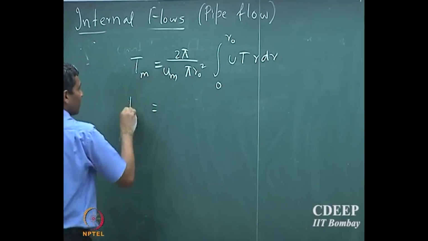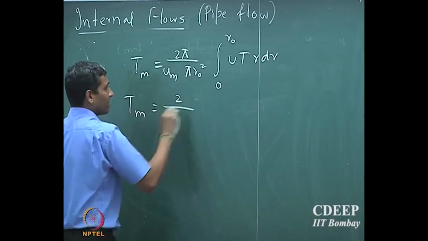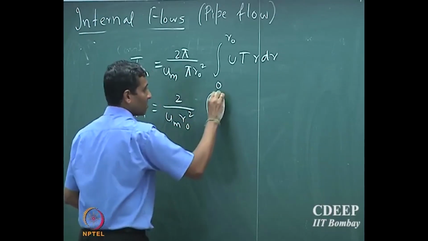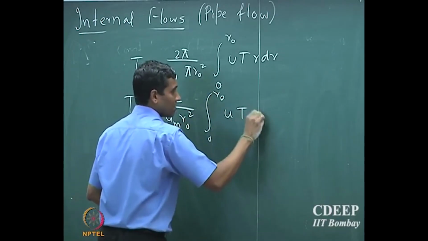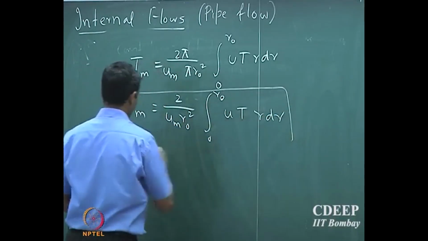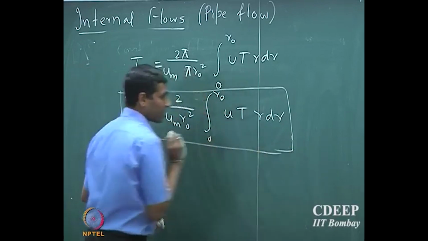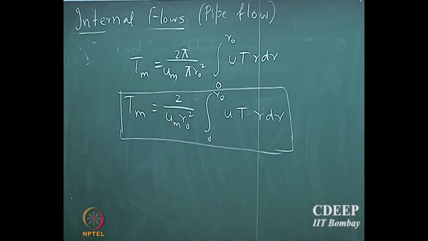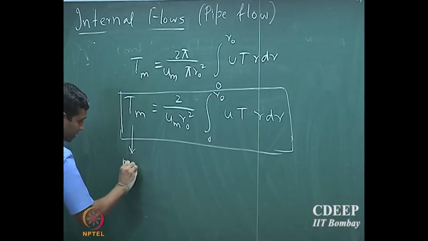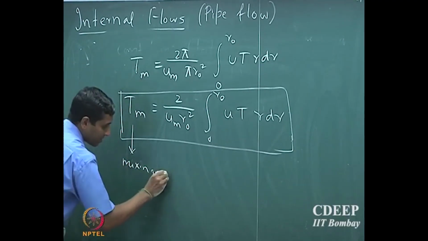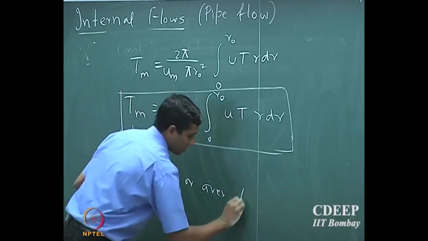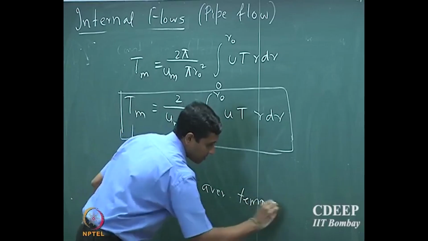So that will be 2 by um r naught square, integral of u T r dr. So that's the definition of the mixing cup or average temperature at any cross section. It's called the mixing cup or average temperature.